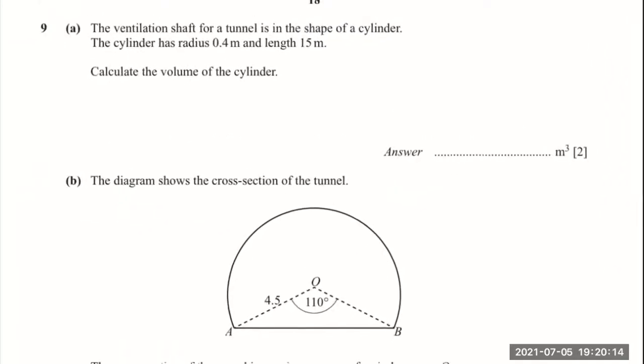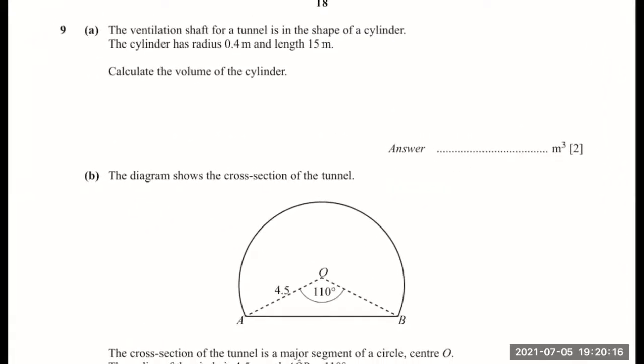Now 9A. 9A says that the ventilated shaft for a tunnel is in the shape of a cylinder. We'll draw this for you. Okay, there's a cylinder.